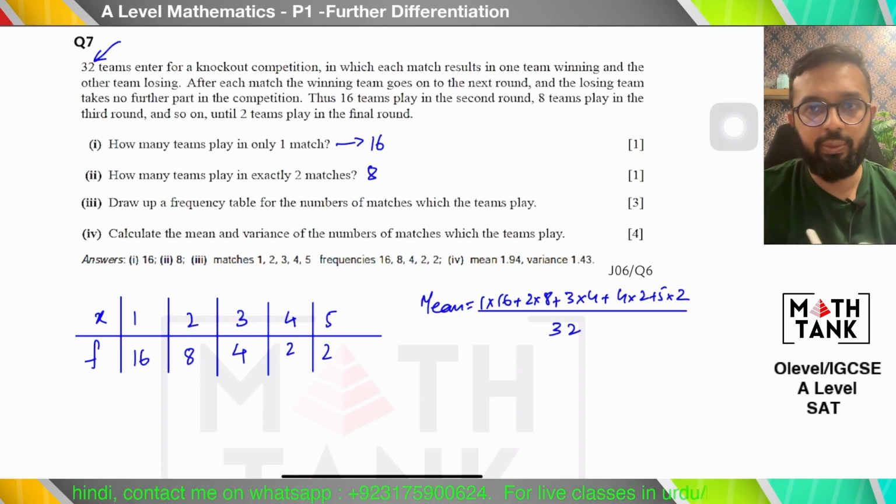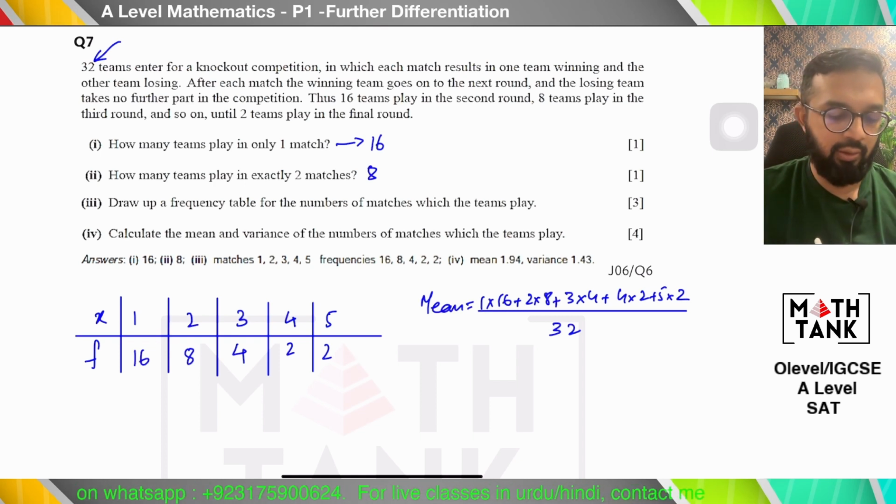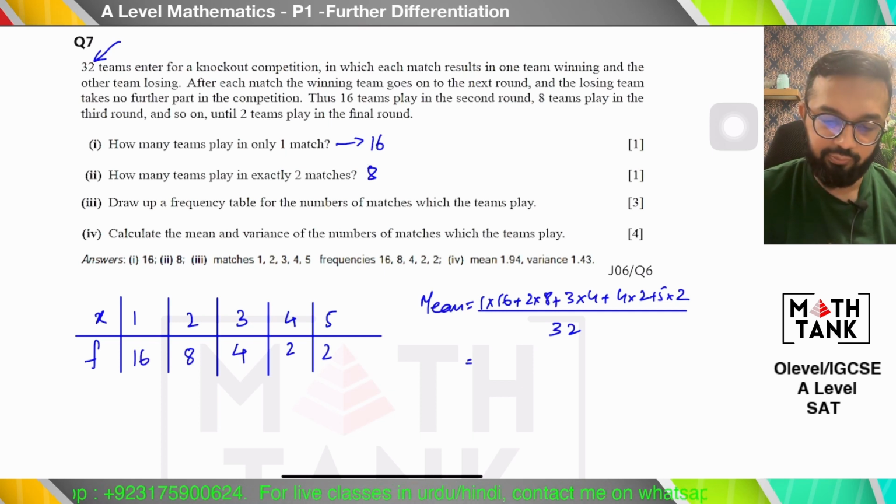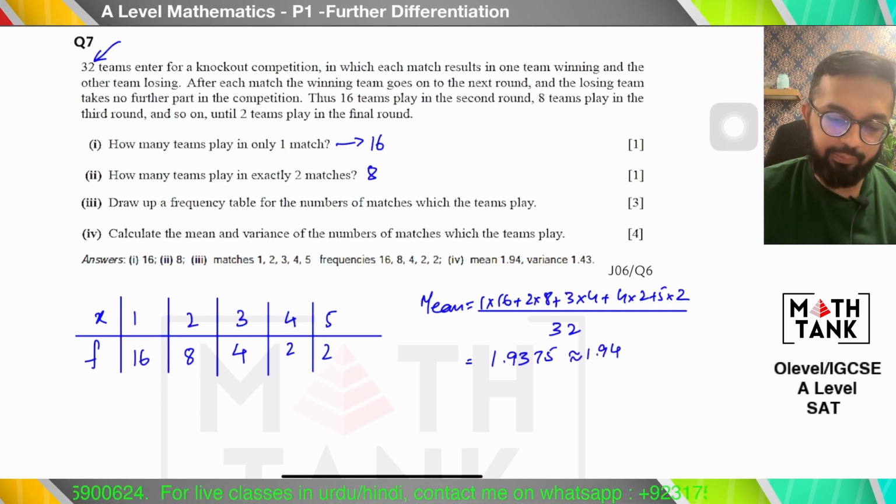You can also see that the total should add up: 16 plus 8 plus 4 plus 2 plus 2. Yeah, 32. So that is 1.9375, which rounds off to 1.94. Variance.